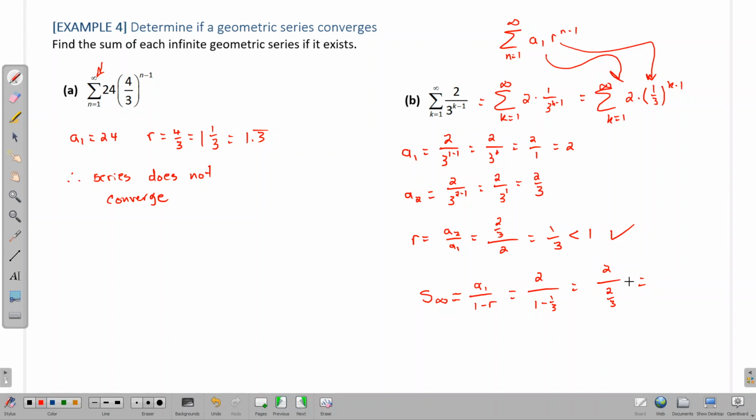Keep, change, flip. The 2's are going to cancel. Looks like that one just comes out to a solid 3. So that entire infinite geometric series adds up to just 3.